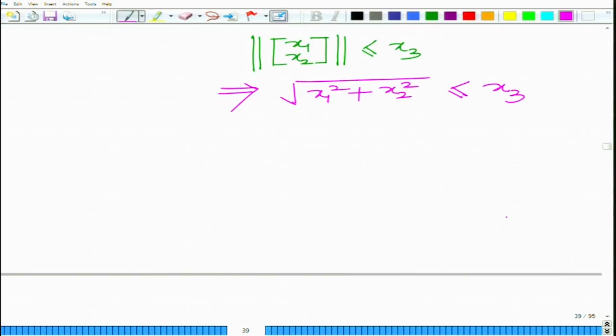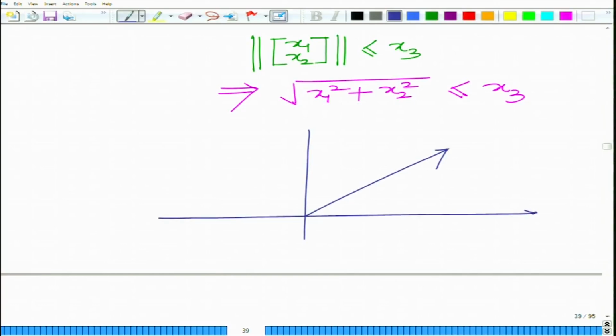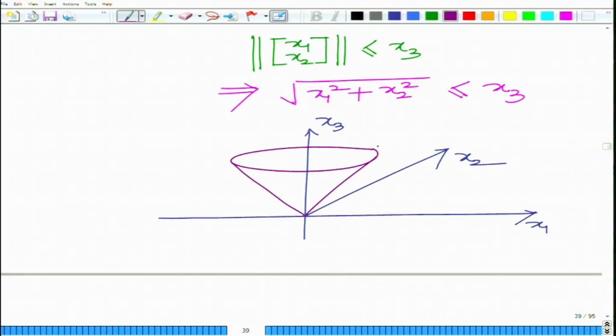And if you plot that in 3 dimensions, this is your x1, x2, x3, and it looks similar to the shape of a classical cone that we are all familiar with.